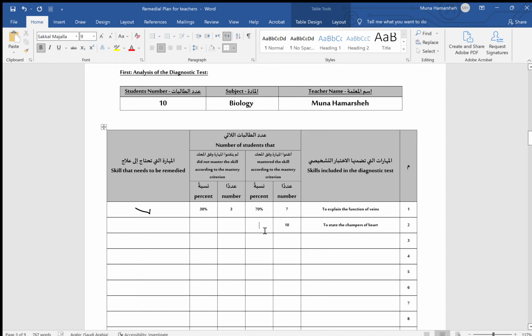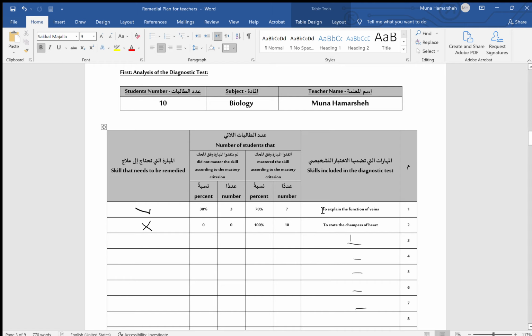That means they mastered it with 100%. So here 0 and here 0. That means I don't have to go for this skill again. I will not re-explain it. And I will go on with the full list of skills of the questions.